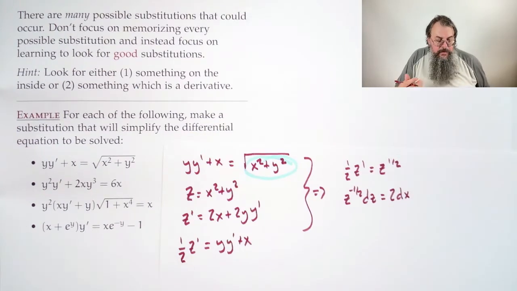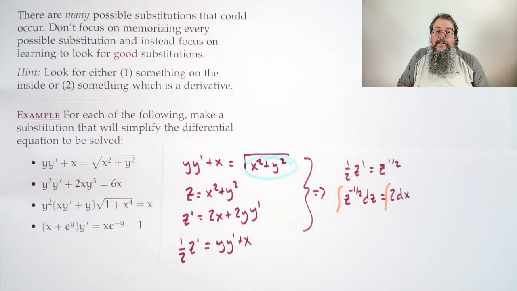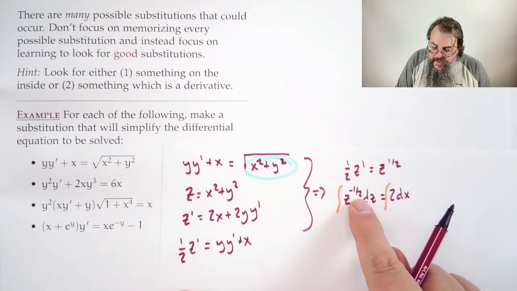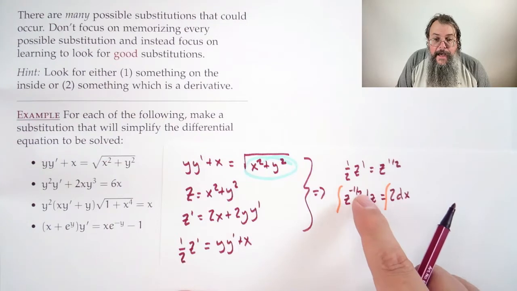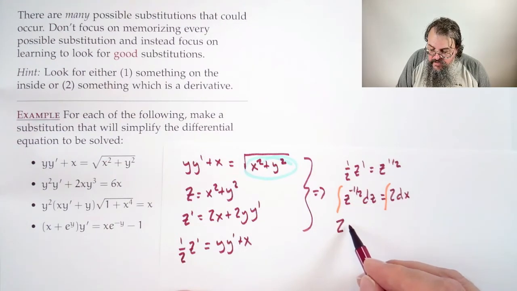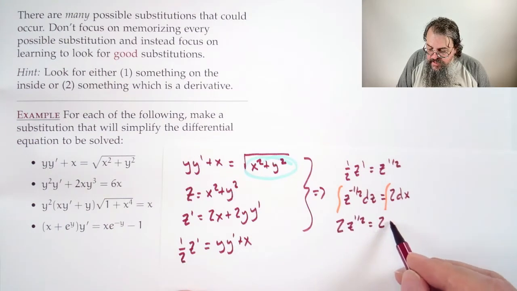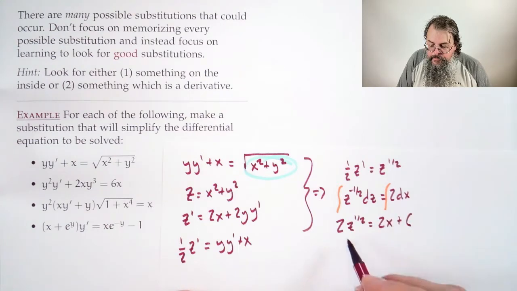And now we integrate both sides. And okay, you add minus a half plus 1, so that would become a half, divide by that, and so that would be 2 square root of z, or if you like z to the 1/2, equals 2x, and then plus some constant c.